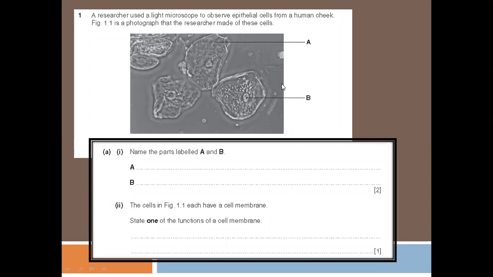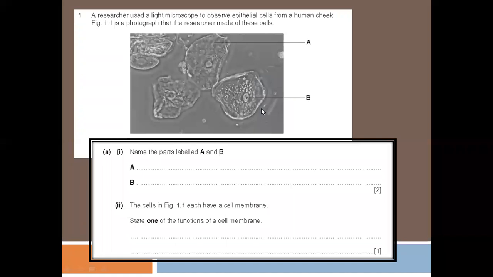Also, there are different channels in the cell membrane through which different materials can enter. The cell membrane also contains different antigens for binding of hormones and enzymes. So all these are different functions of the cell membrane, right?